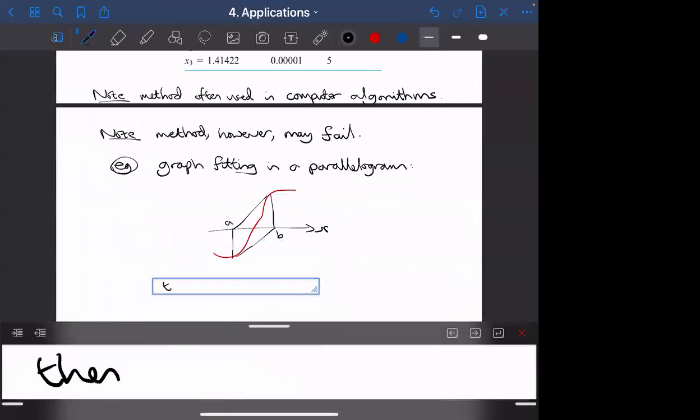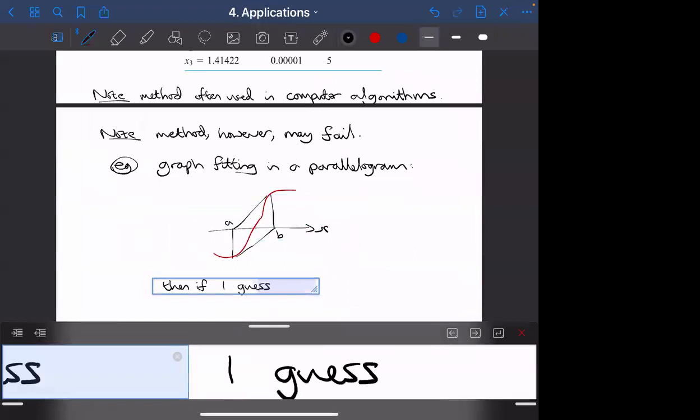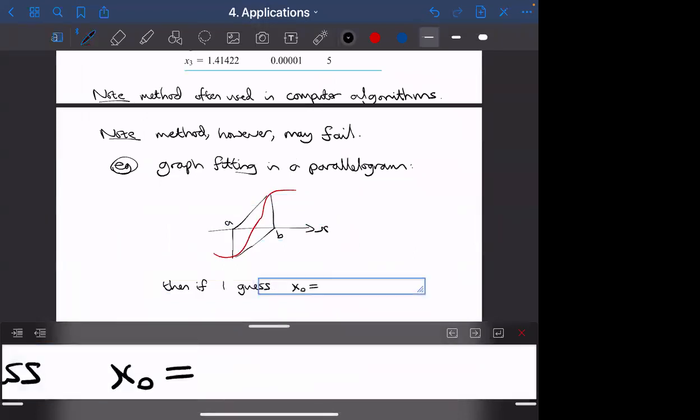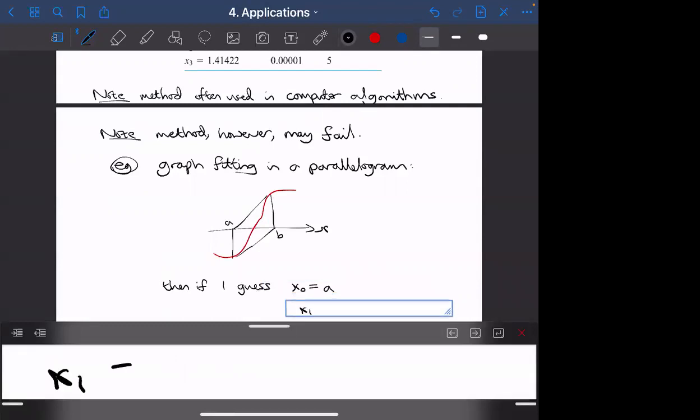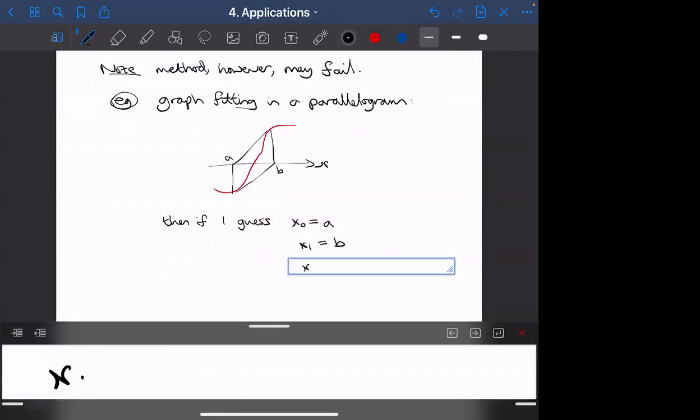Then if I guess x0 is equal to A, you can see from the graph, the tangent at that point A has an x-intercept at B. So x1 is B. But you can also see from the graph that the tangent at B has an intercept at A. So x2 is A, and so on.